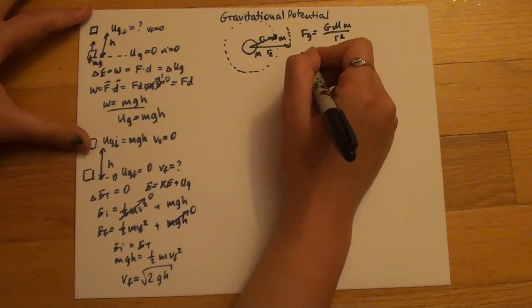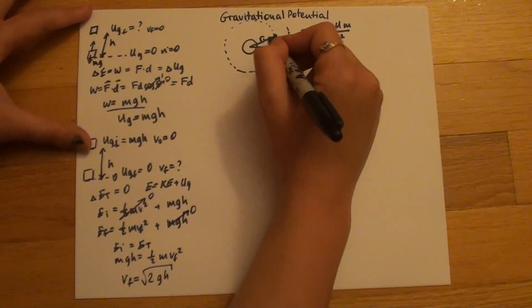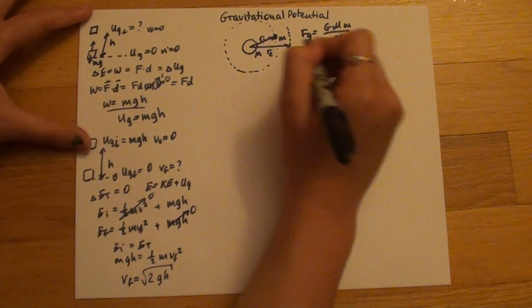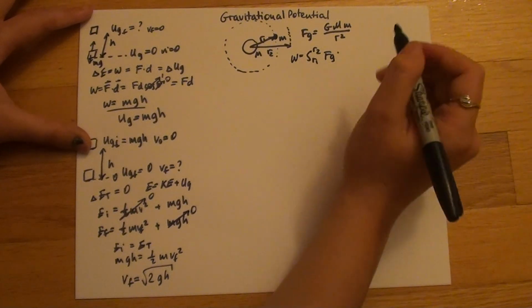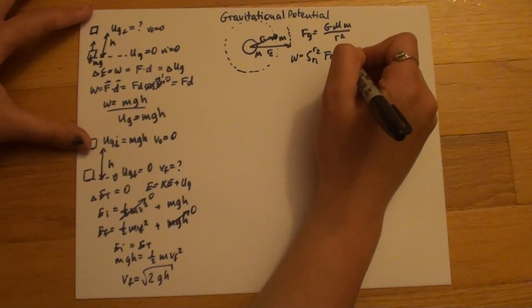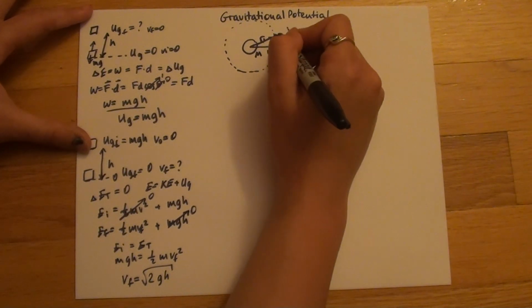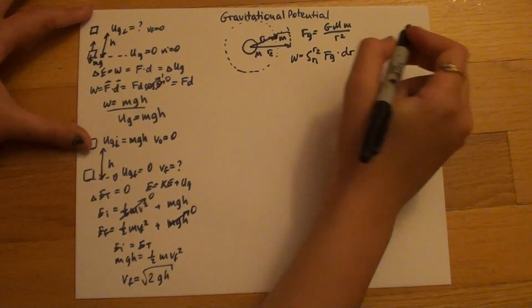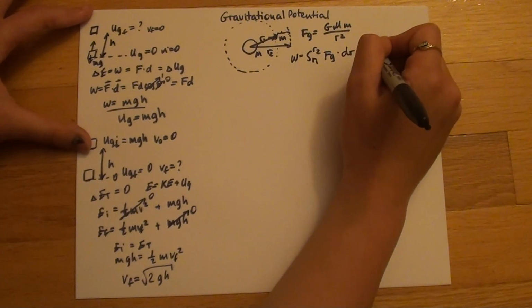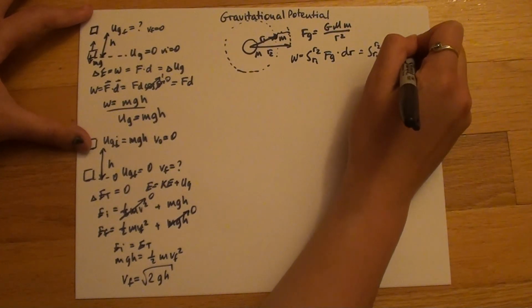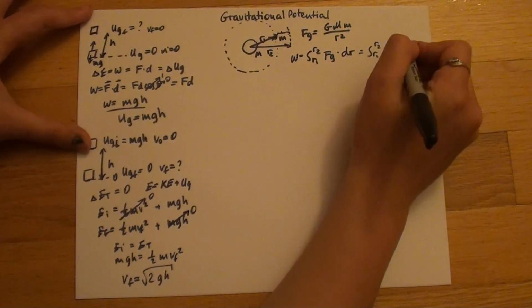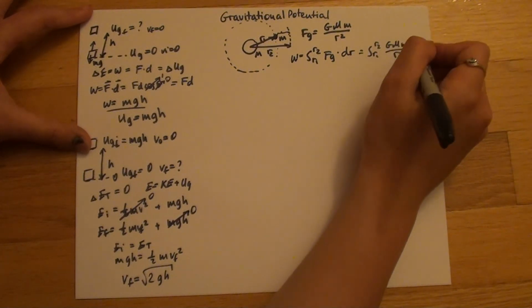So work is equal to the integral, as we move it from R1 to R2, of the force of gravity times the distance, times dr. When we plug this equation in, we get the integral from R1 to R2 of GMm over r squared dr, and actually the top part I could have pulled out because they're constants.